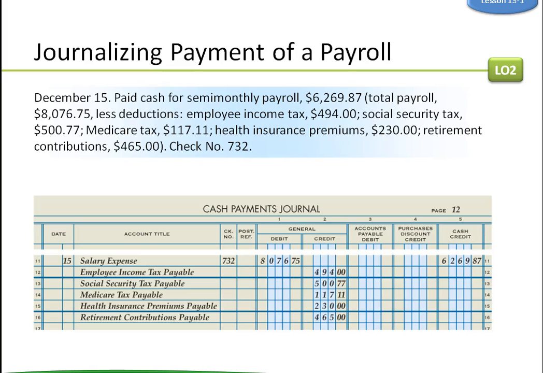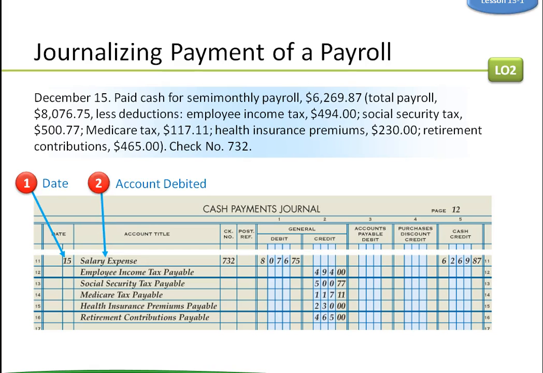So here's what it looks like, and this is what your work together is going to say. The date is the 15th, salary expense, check number 732, and that is our debit amount, which is the total right there. On this line item, we also have the cash credit. So that's the total minus all of the credits. This is the cash that's going to get drawn out so you can pay payroll.